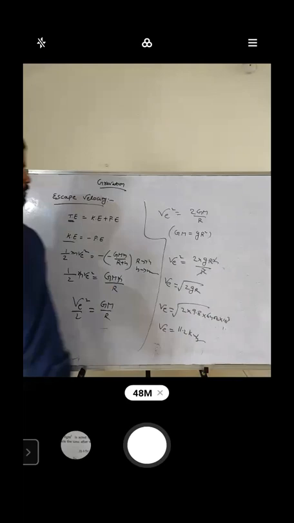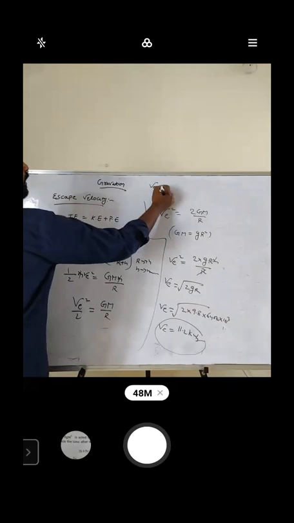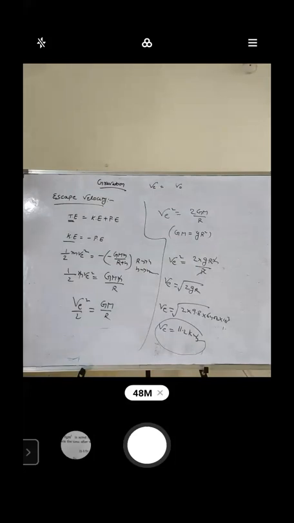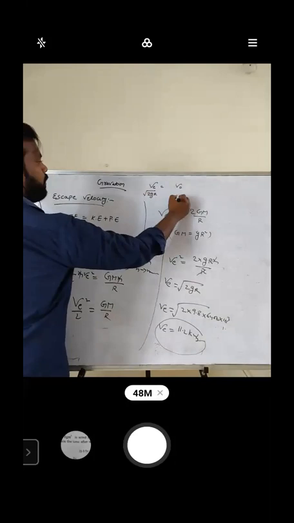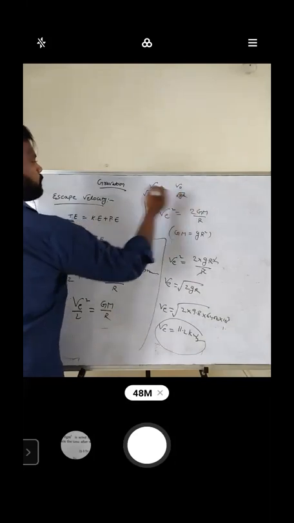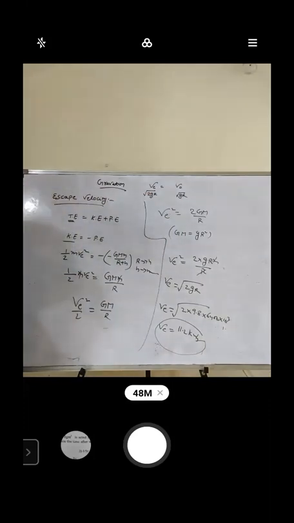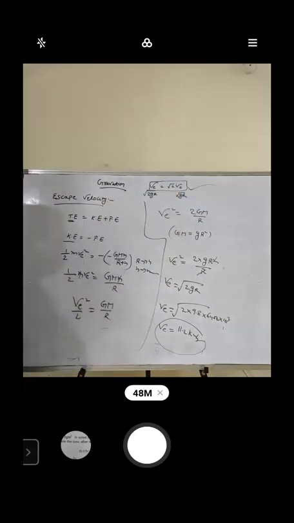If you want to write the relation between escape velocity and orbital velocity: escape velocity is root 2gR, orbital velocity is root gR. So how many times is it more? Root 2 times more. V equals root 2 V naught.